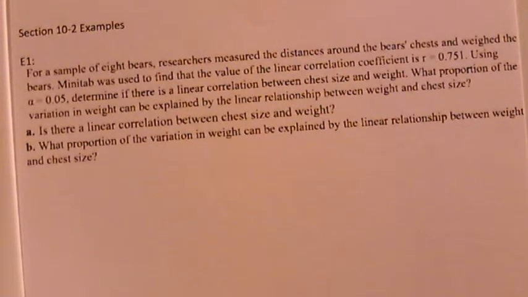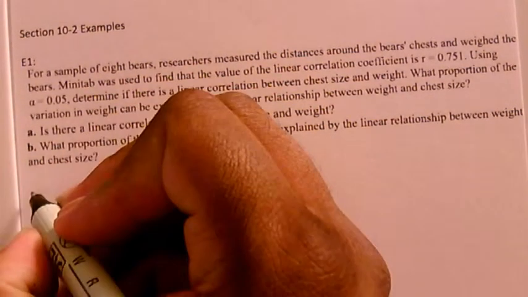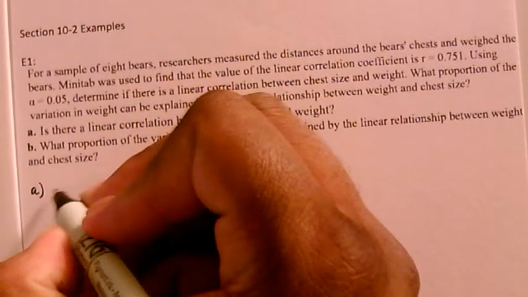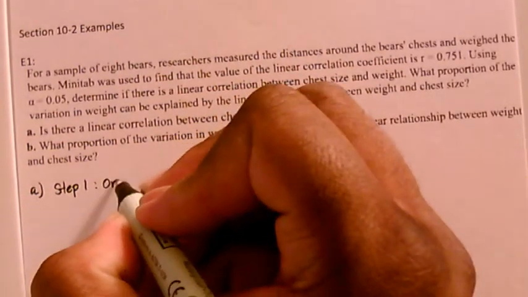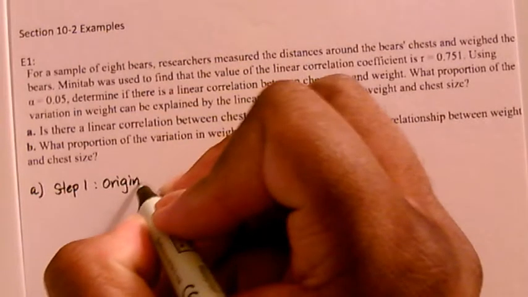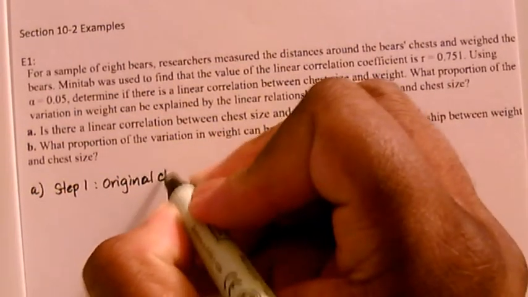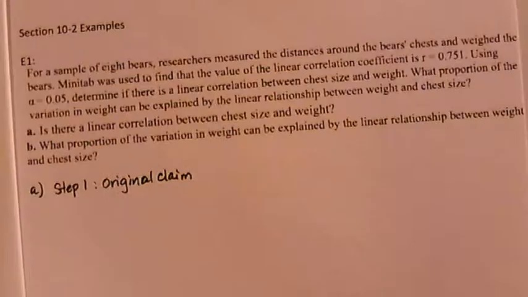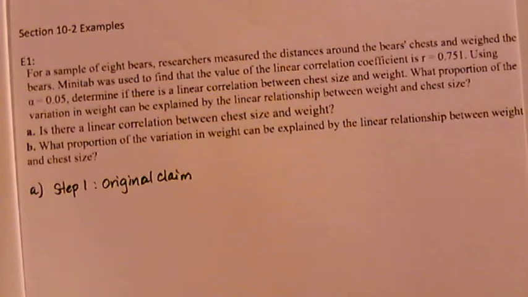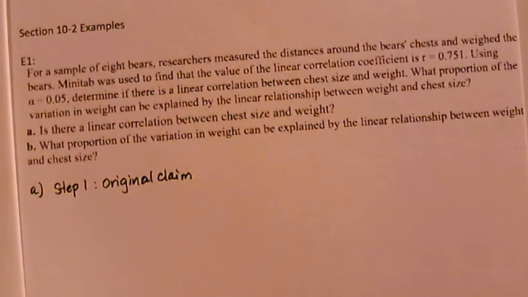And in this case, part A is going to be that 8-step procedure. So here's step 1, stating the original claim in symbolic form. Here we want to determine if there is a linear correlation between chest size and weight.